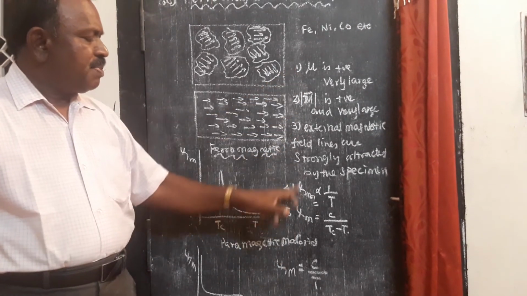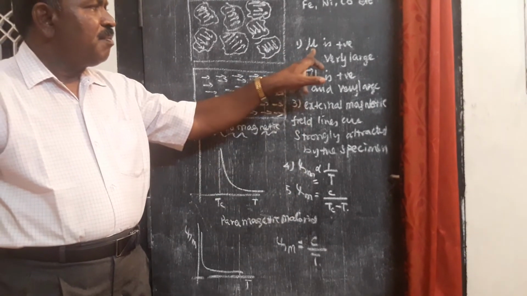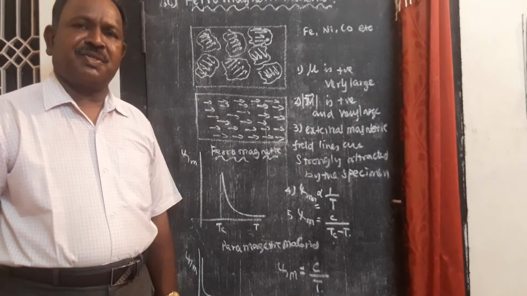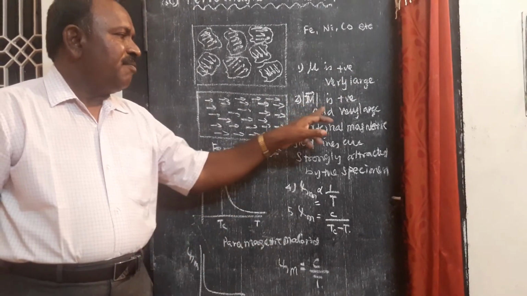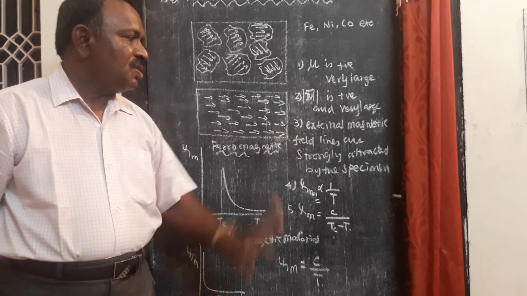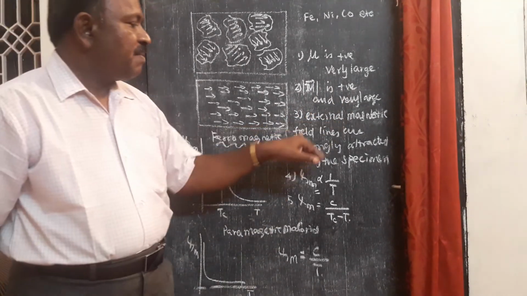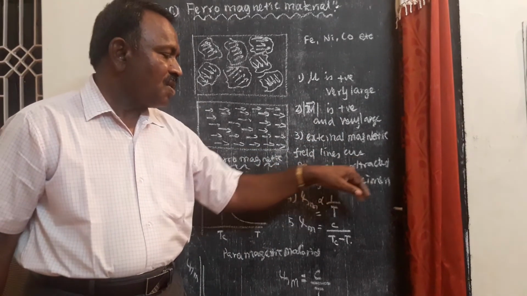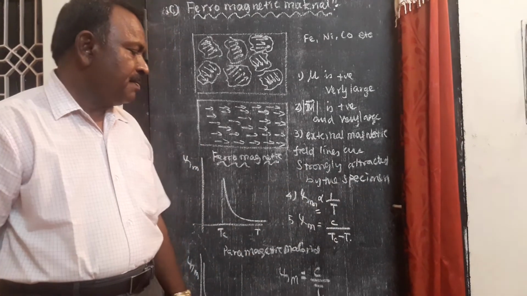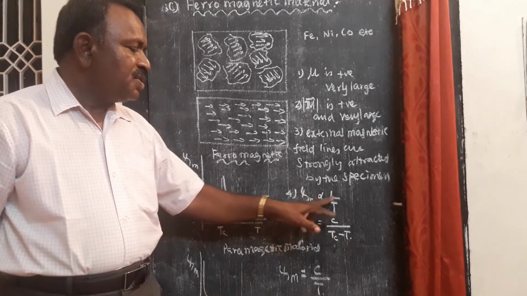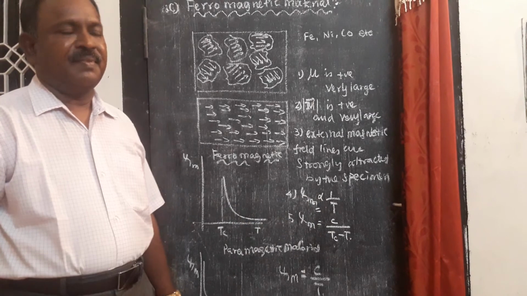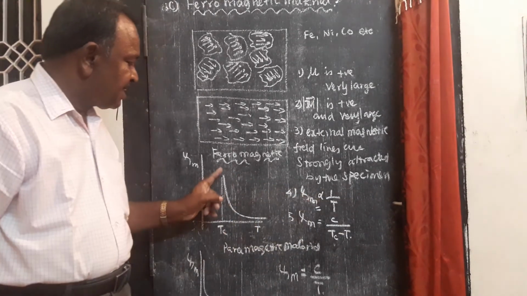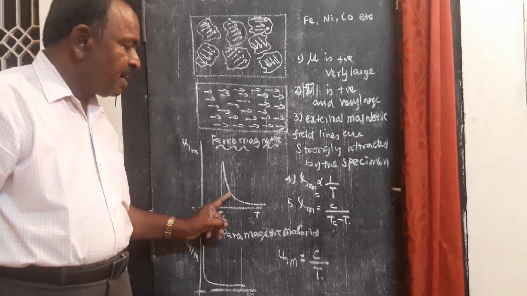So these are the properties of ferromagnetic material. Permeability is positive and very large. Intensity of magnetization is positive and also very large. In the external magnetic field, lines of force are strongly attracted by the specimen. Susceptibility is inversely proportional to temperature. As the temperature increases, susceptibility goes on decreasing.